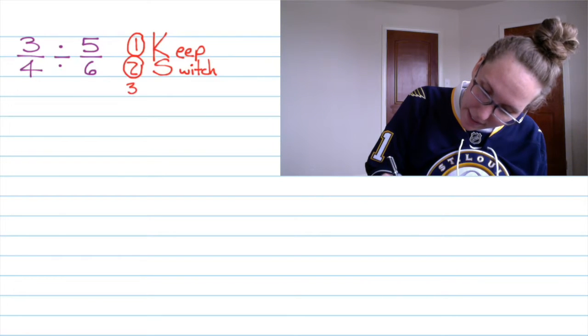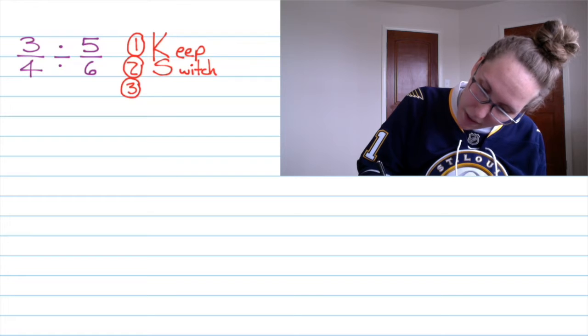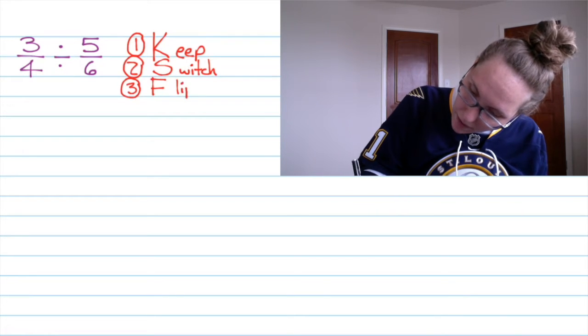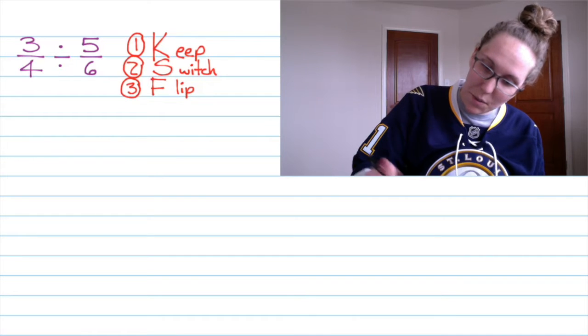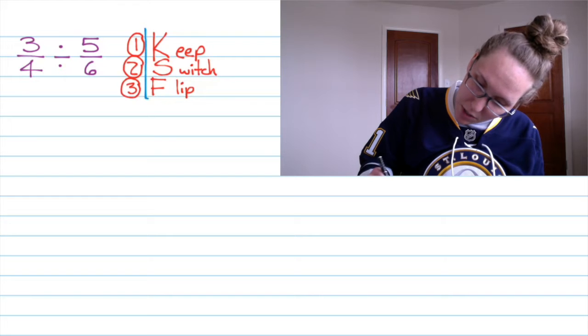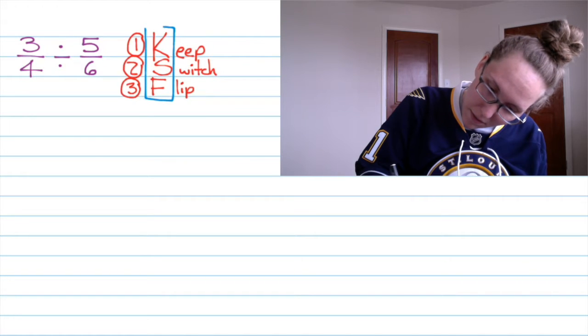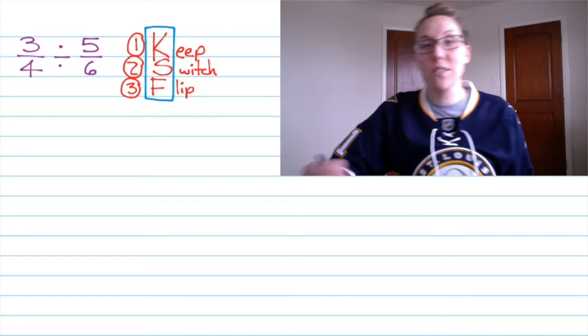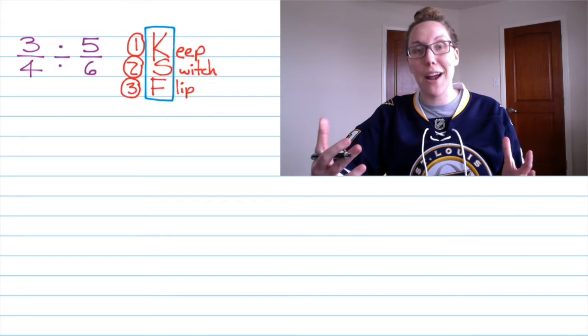And then lastly, a big F for flip. So KSF for keep, switch, flip. And that's really what we want to keep in mind when we are solving dividing fractions.